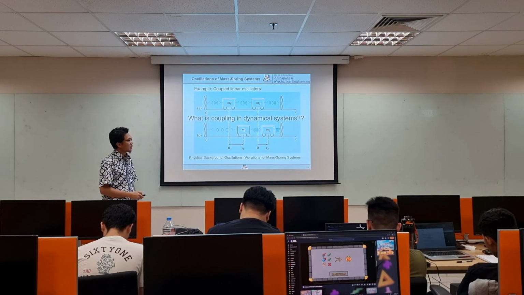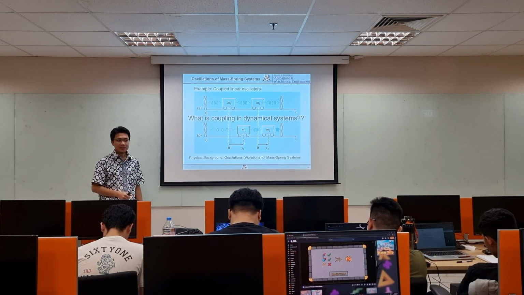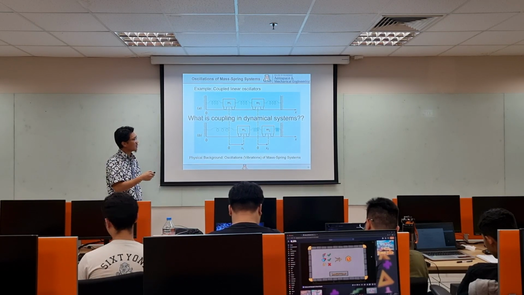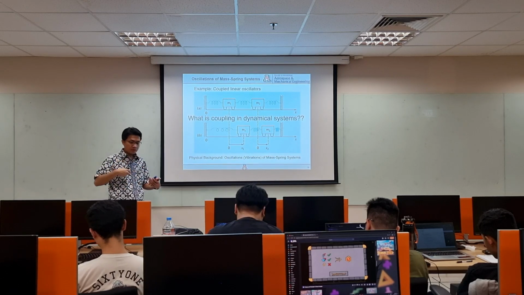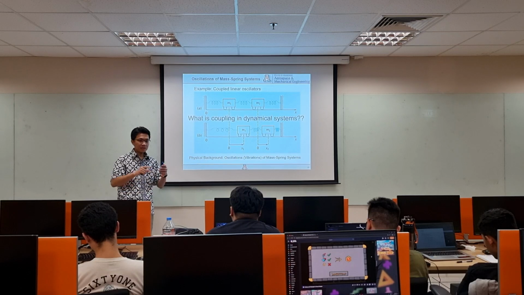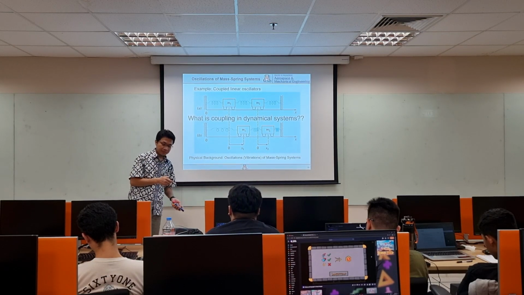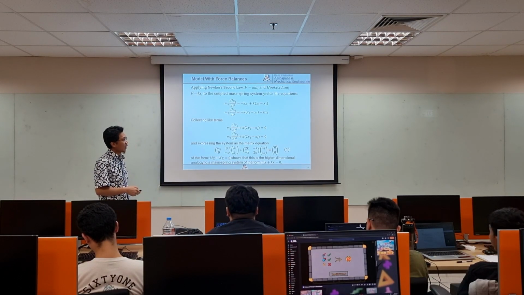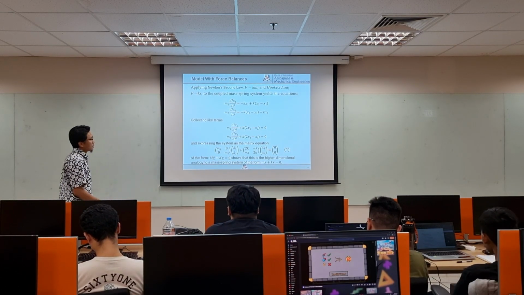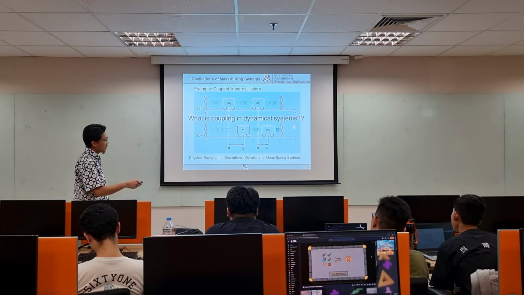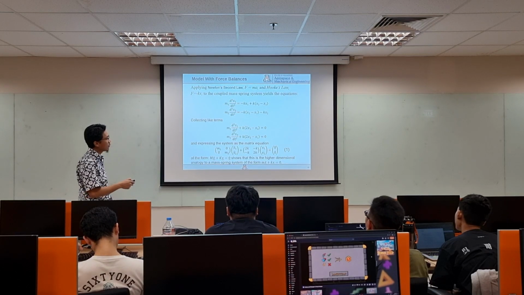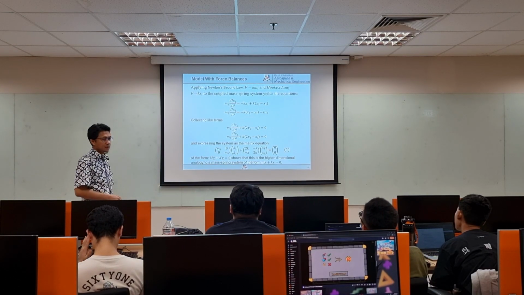Okay. How do we see coupling mathematically? Physically, it is when you see the mass being constrained with a physical object to the other mass. That is coupling physically. But mathematically, we have to see it through the equation. So if this is the system, we derive the differential equation, then we will arrive at this equation.